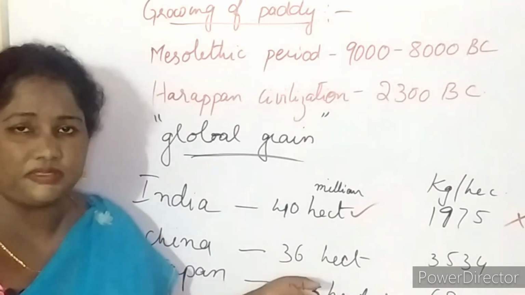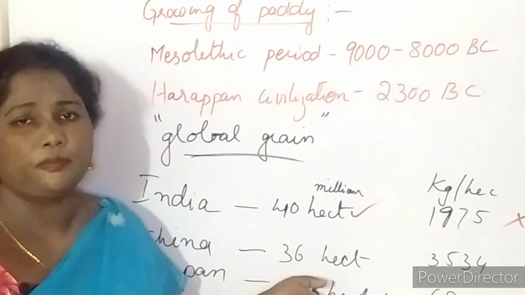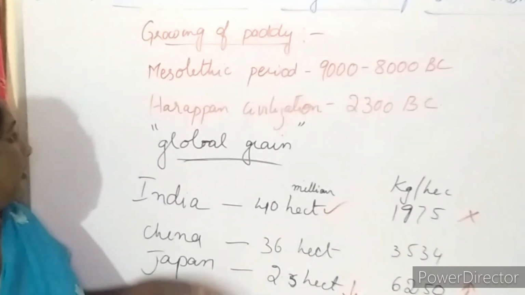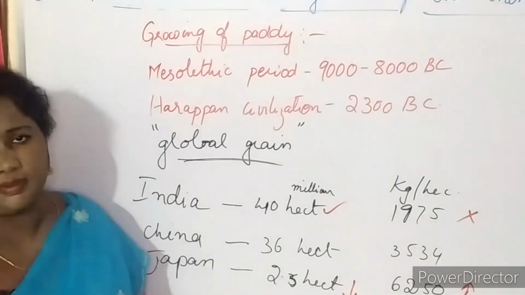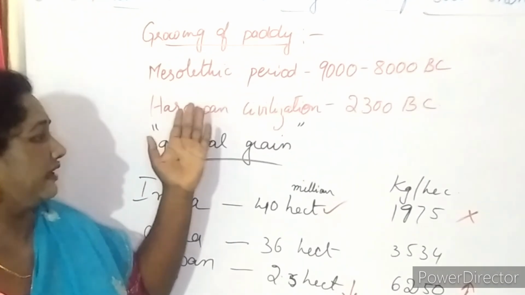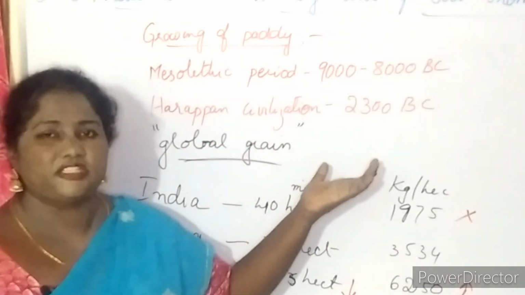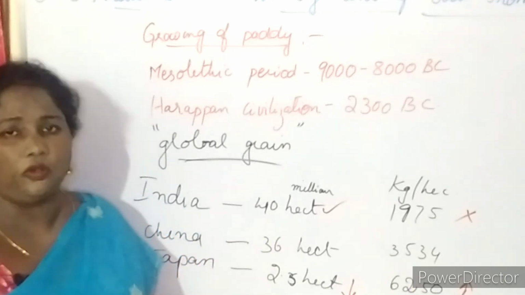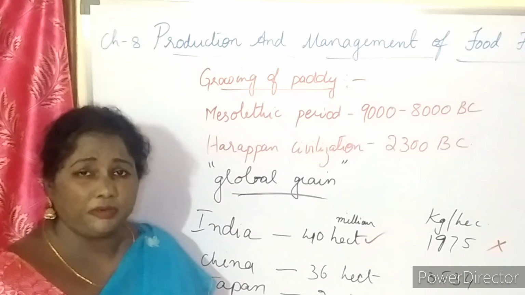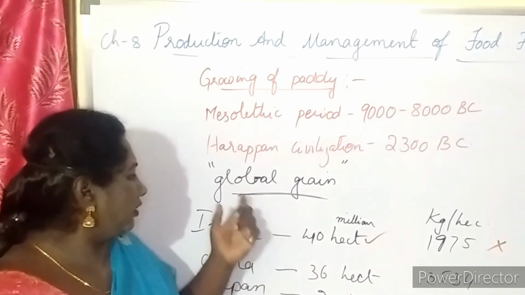We have discussed that even night duration matters in the production of crops, and we have seen the growing of paddy also. Paddy is an ancient crop, grown since ancient times, and consumed by the majority of people in India and all over the world, so it is called the global grain.